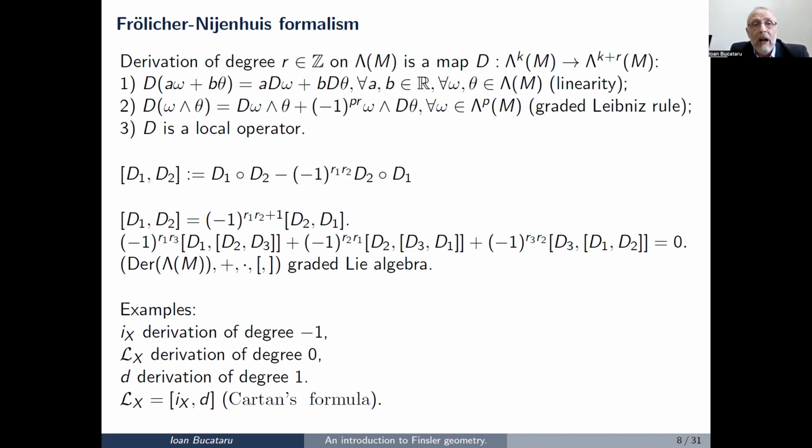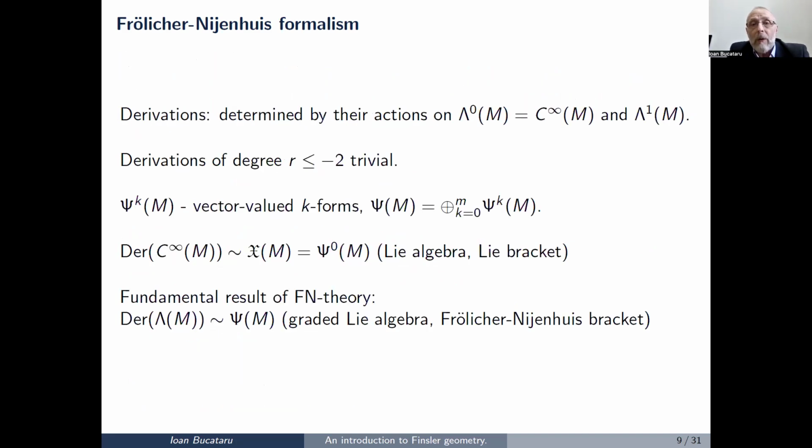Okay, so the idea again is to associate to the set of derivations on the space of forms the space of vector-valued forms. How to do this?